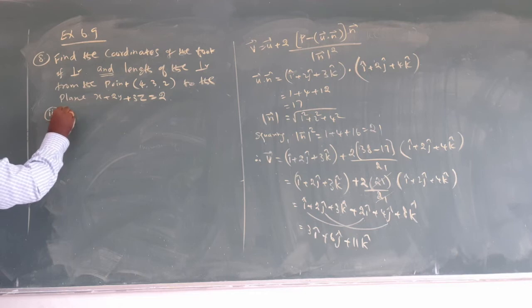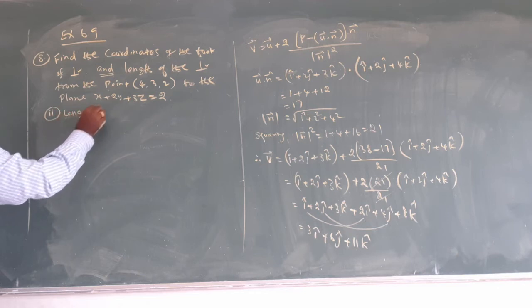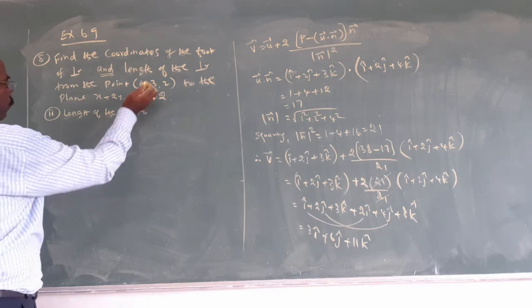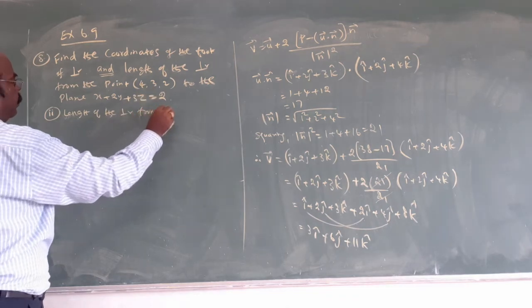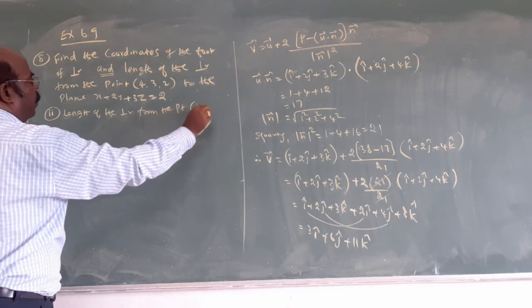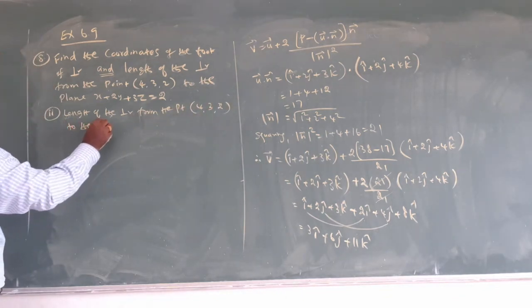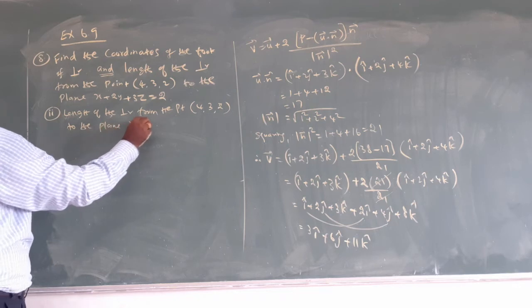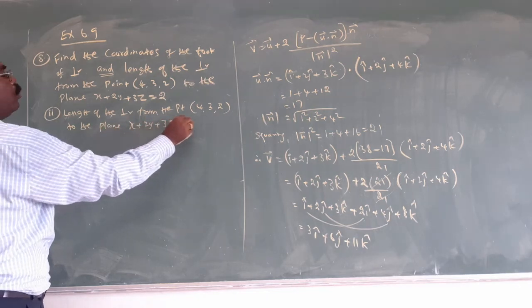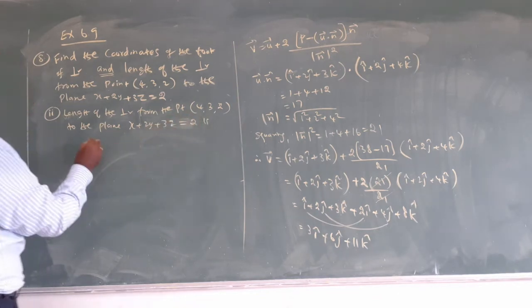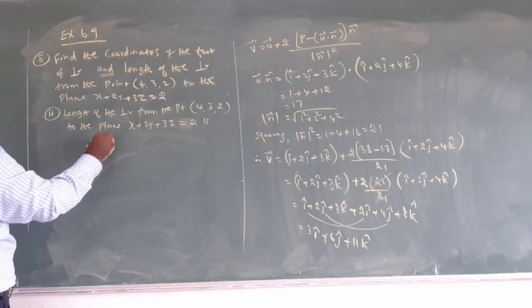Okay? Second part: length of the perpendicular from the point (4, 3, 2) to the plane x plus 2y plus 3z plus 2 equal to 0. What is the formula?